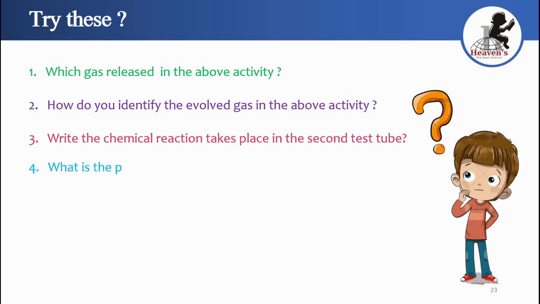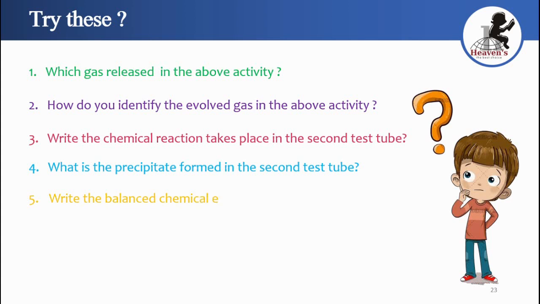And fourth one is, what is the precipitate formed in the second test tube? And fifth one is, write the balanced chemical equation when potassium carbonate reacts with sulfuric acid. Answer all these questions by observing the activity.